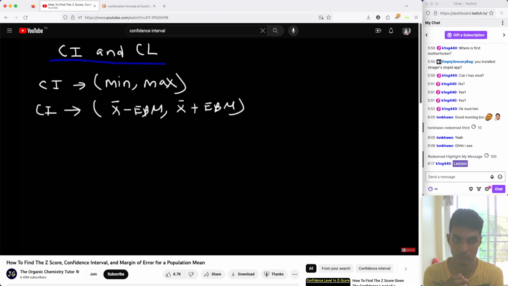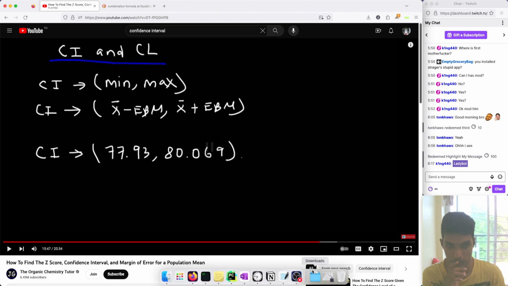The confidence level is the area under the curve in which we expect the population mean to be located in. So in the last example, we saw that the confidence interval varied from approximately 77.93 to 80.069.